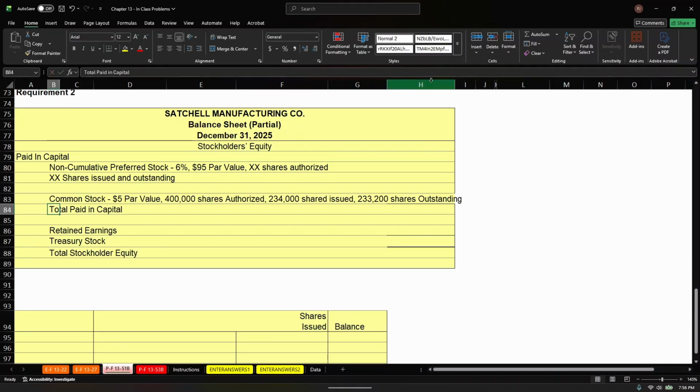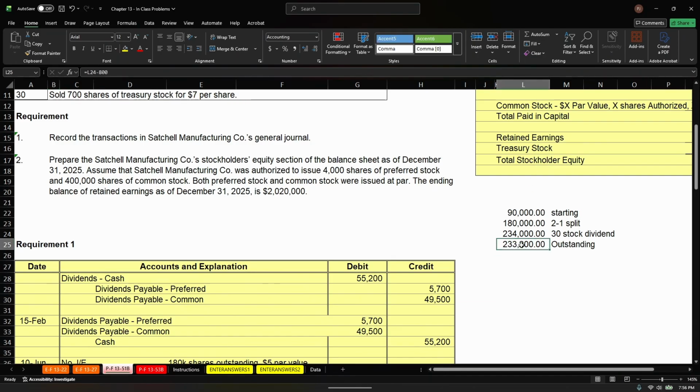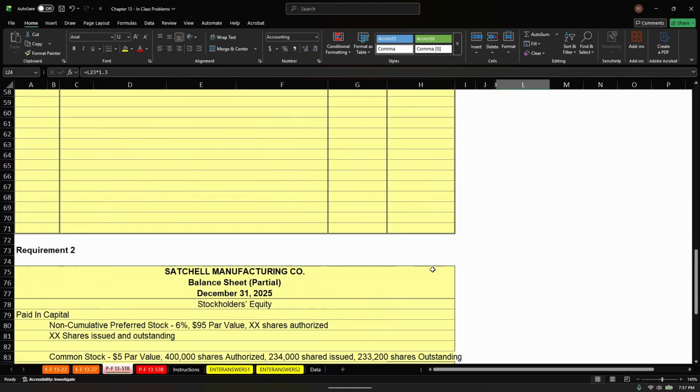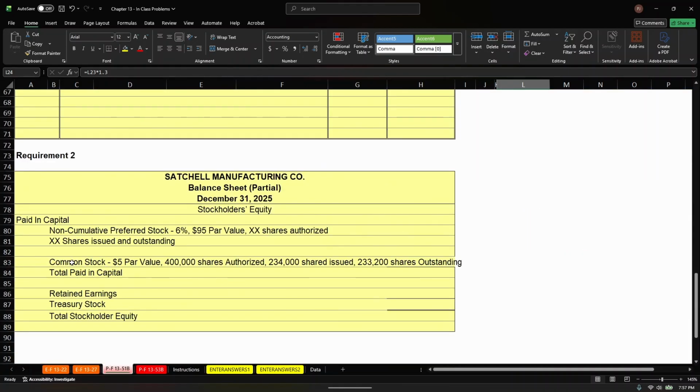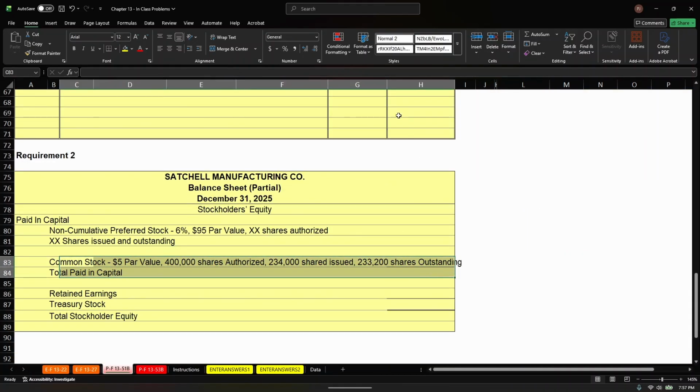Let's see. Let me go see. Yeah, 200. So this is the number that were issued. This is the number that are outstanding, which is basically the number of issued minus how many I have in treasury stock. So this is now how it's going to read. Okay, so I have all the share information right.